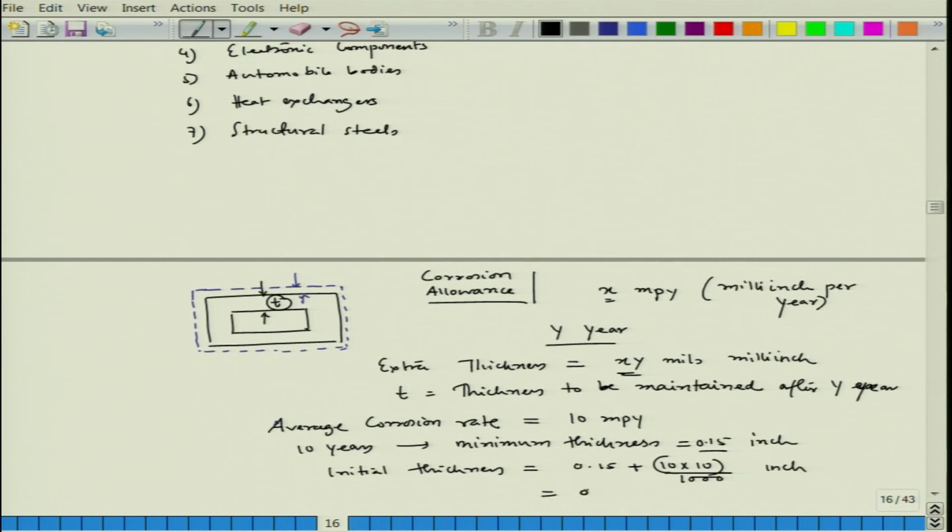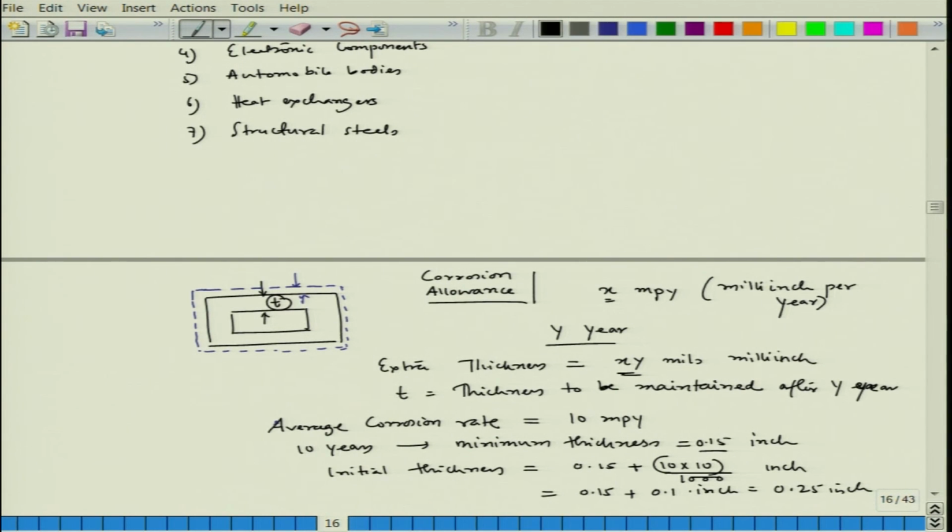So, it will be 0.15 plus 0.1 inch, equal to 0.25 inch. So, initially I have to start with 0.25 inch.